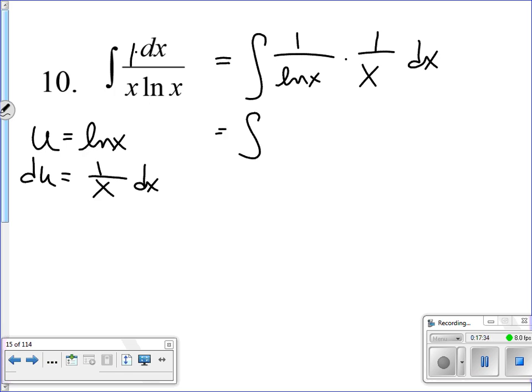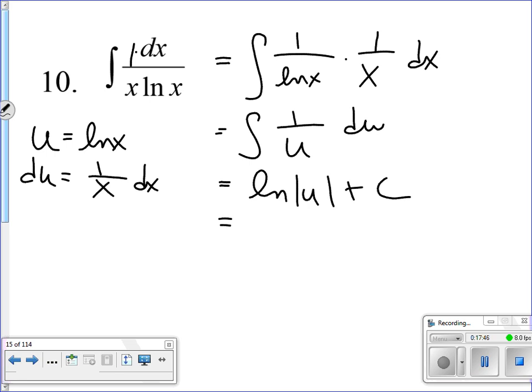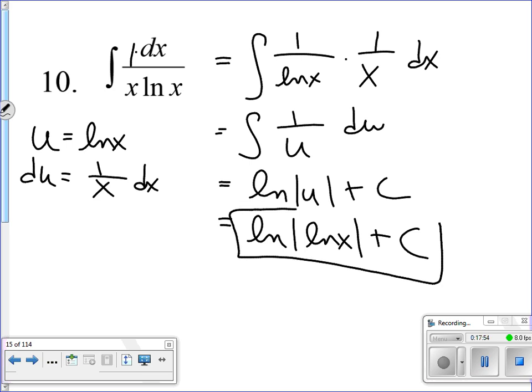So we have the integral of 1 over u du, or du over u, which equals ln of the absolute value of u plus c. We took the antiderivative, we converted back, substituting in for u of x, and yeah, it's a weird answer. There we go. The ln of the absolute value of ln of x plus c.